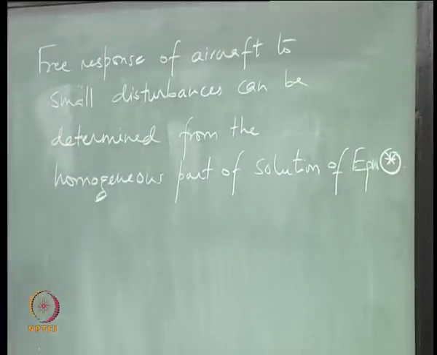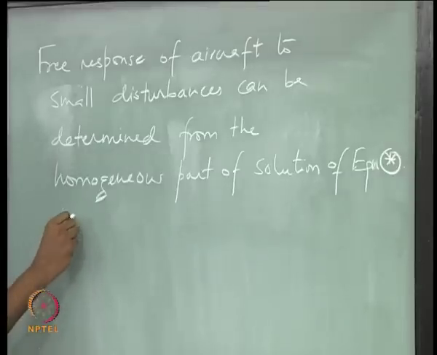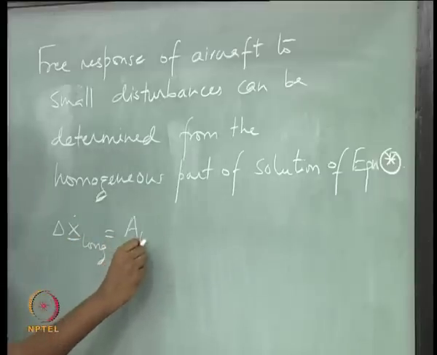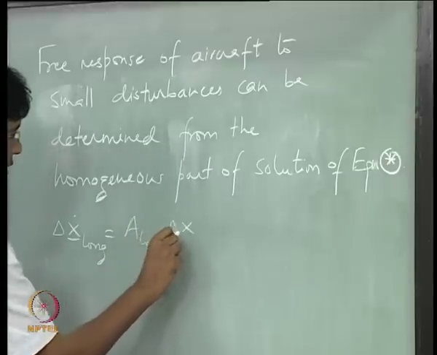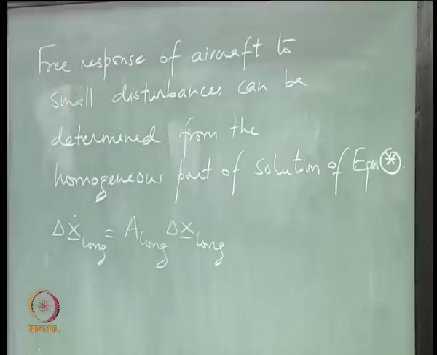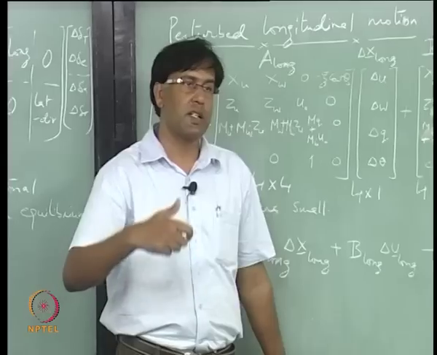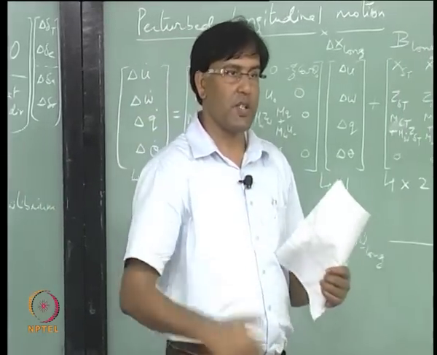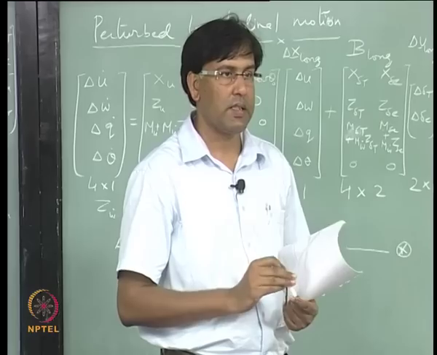Okay, so let us look at that. Right, controls are fixed, you cannot change the control, you are keeping it fixed, and then there is some disturbance which is going to come and hit the aircraft, right.